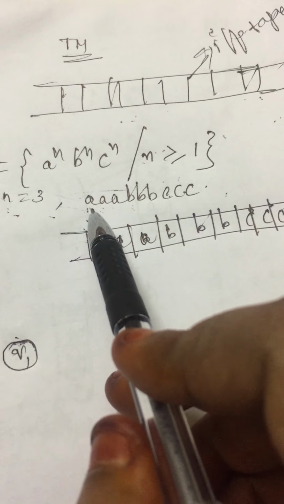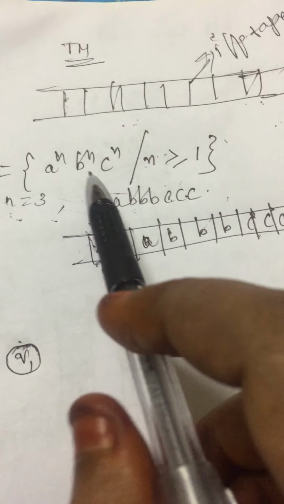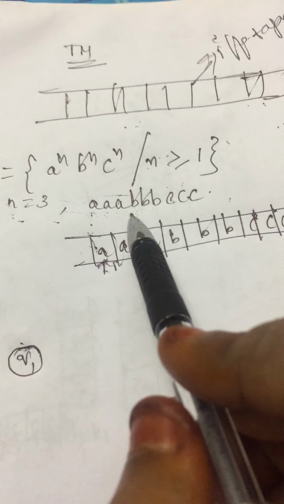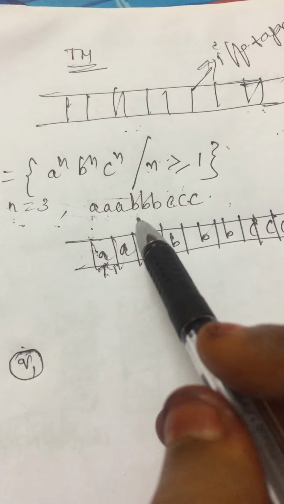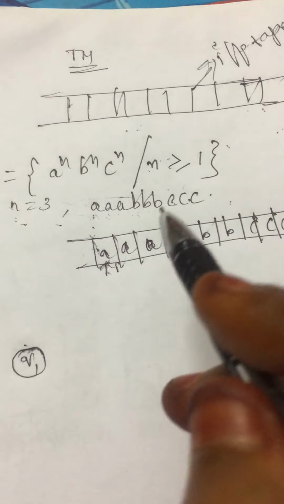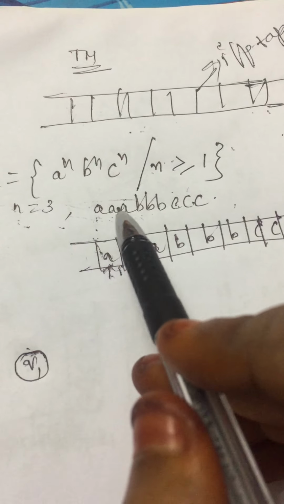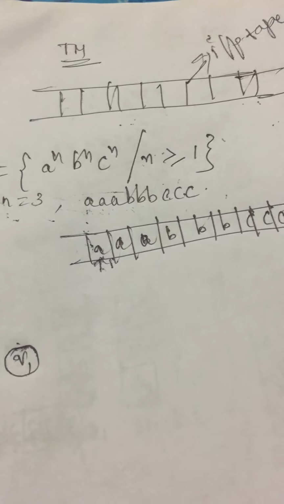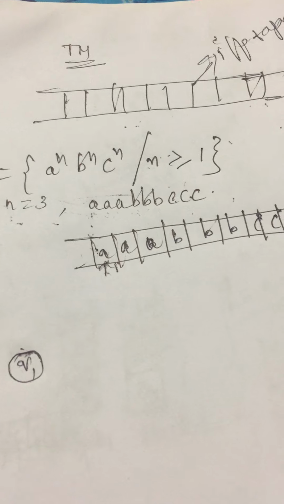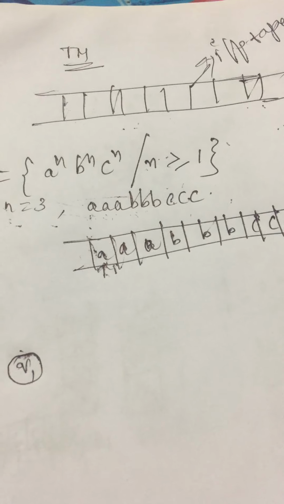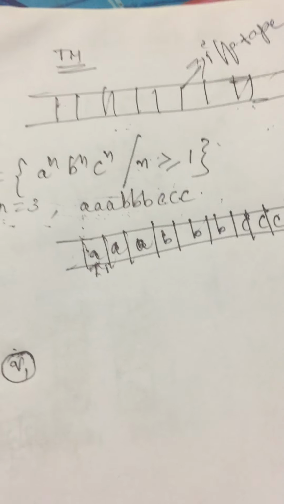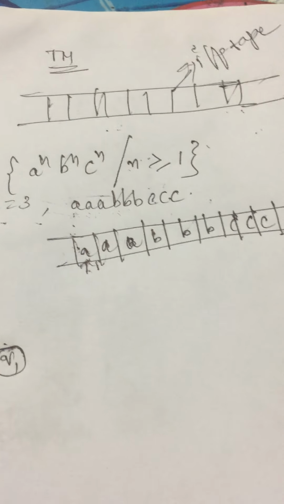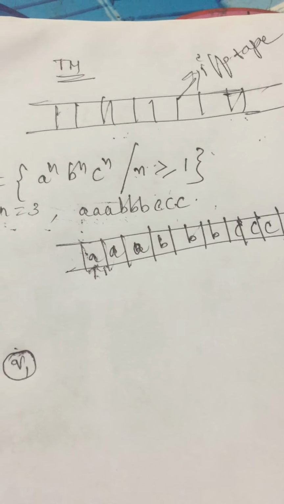When we have written first A to X, some other variable, we have to write first B to some other variable, then first C to some other variable. Then we should come back and process the second A, second B, second C. That means for a single A, its equivalent B and equivalent C will be processed. So that is the logic we need to follow here.